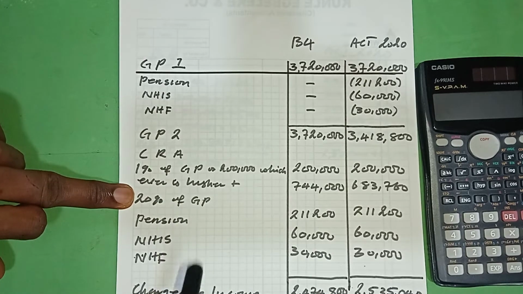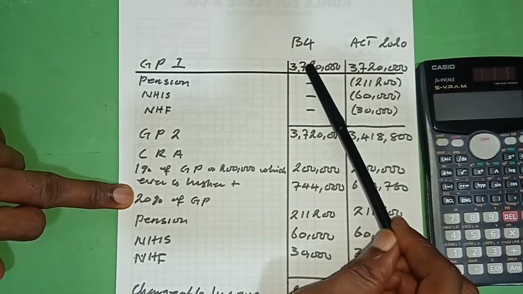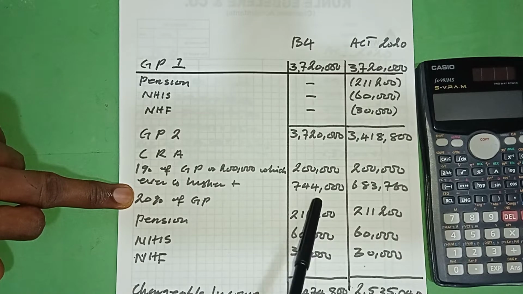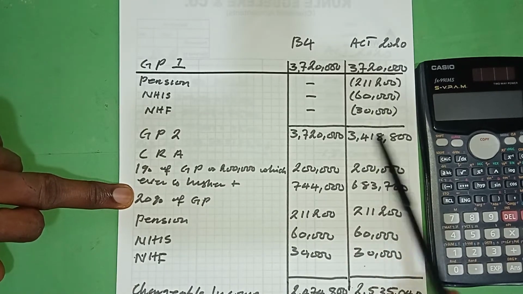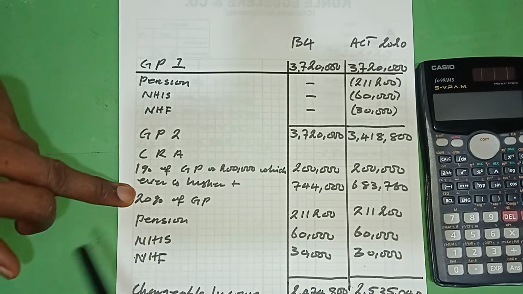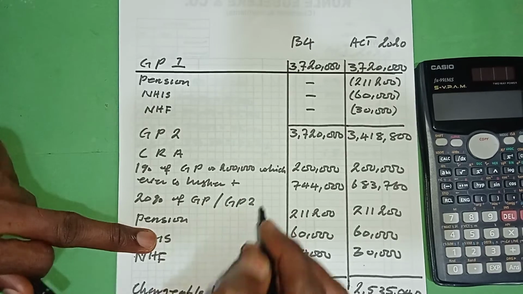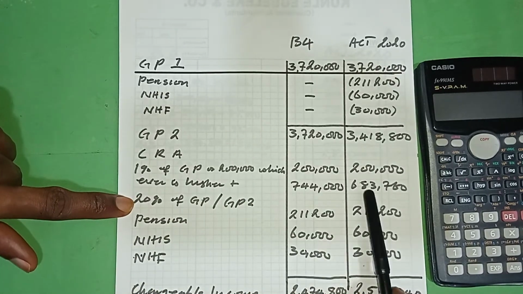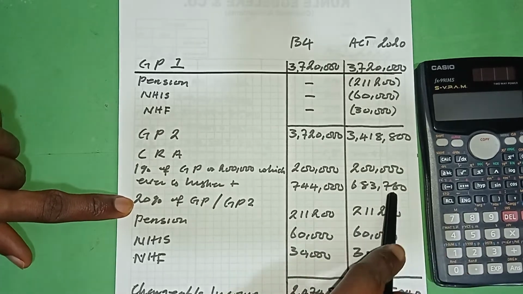Now 20% of your GP1 will give you 744,000. Okay. Now 20% of your GP2 will give you 68,376.